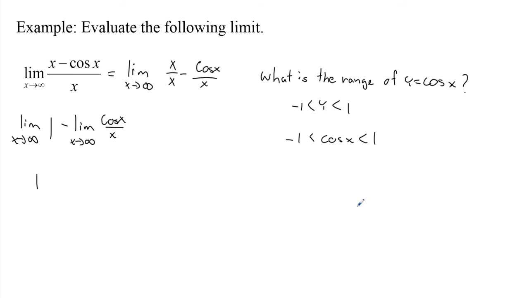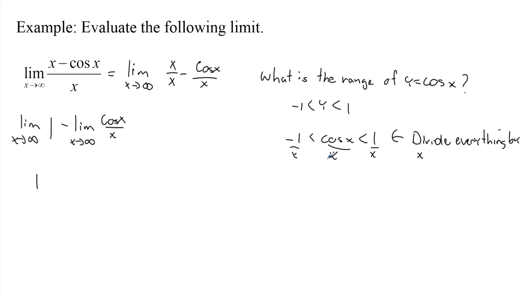All right. So if I divide everything by x, I don't have a problem with doing that, and I don't have to change my signs, because again, we're assuming that x is going to positive infinity. So we don't have to worry about that.